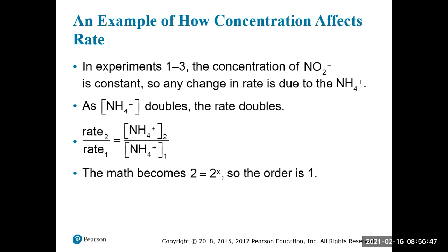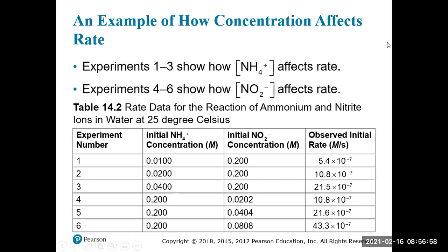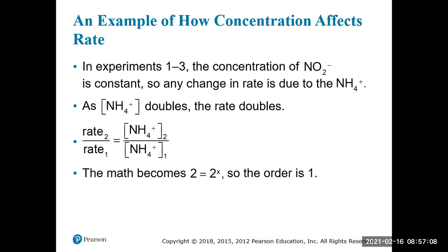So when we look at this to figure out the order, if we ratio rate 2 to rate 1, in other words, take the ratio of the second experiment and divide it by the rate of the first experiment, and do the same thing to the concentrations, we see that to make the math work, it has to be 2 equals 2 to the x.